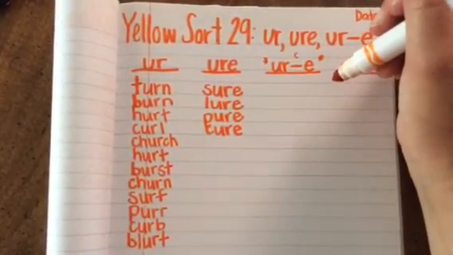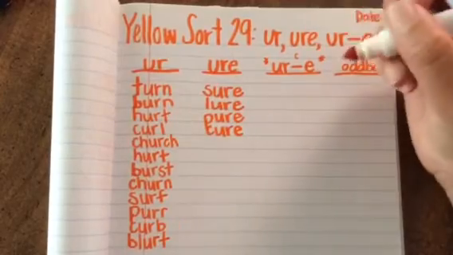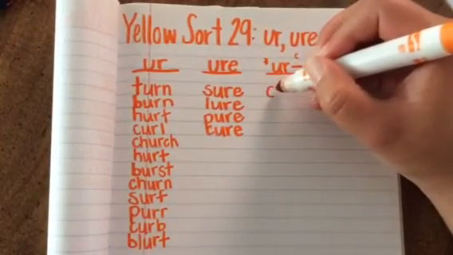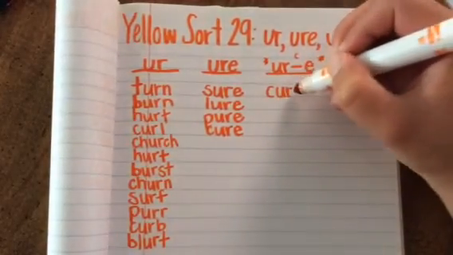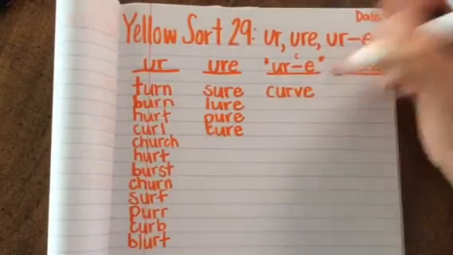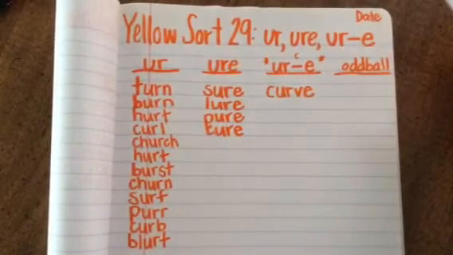Let's begin with the bold anchor word. We have curve, and it has the E on the end.